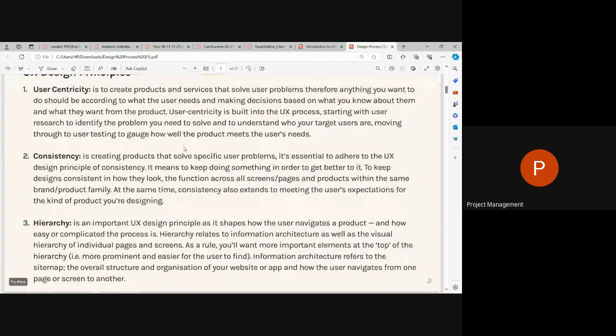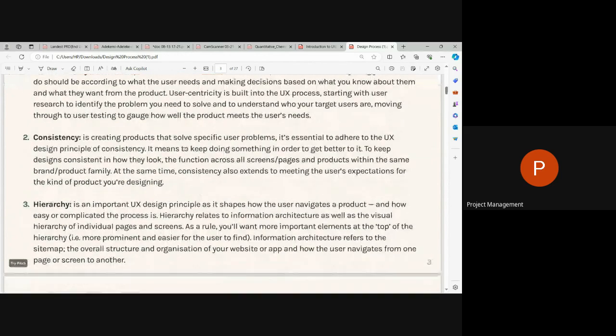The second one is consistency. Whatever problem you are solving, you have to make sure that it is solving a specific problem. And let's use a website as an example.